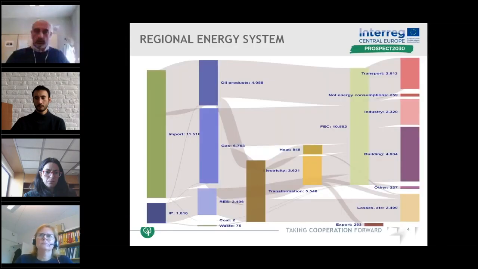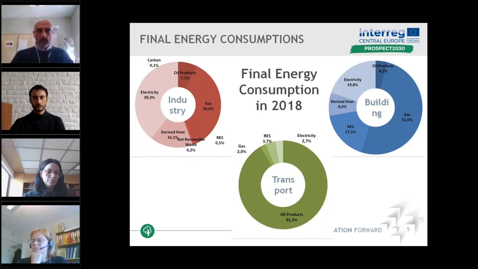So if we move to final energy consumption, here again just a few pictures about the sectors where it is quite evident that we are still quite dependent on fossil fuels, even though renewables are starting to play a big role also.